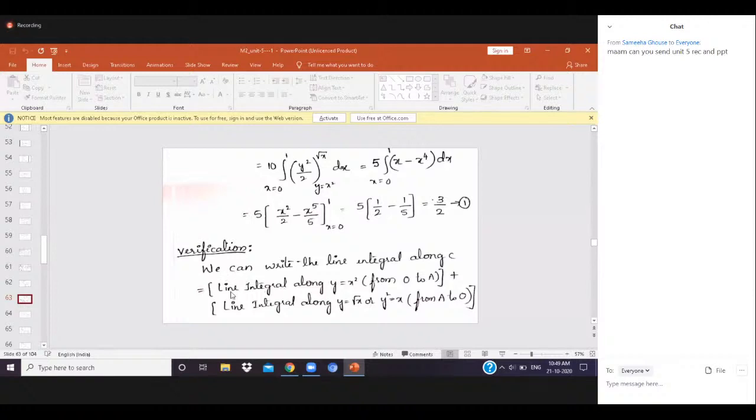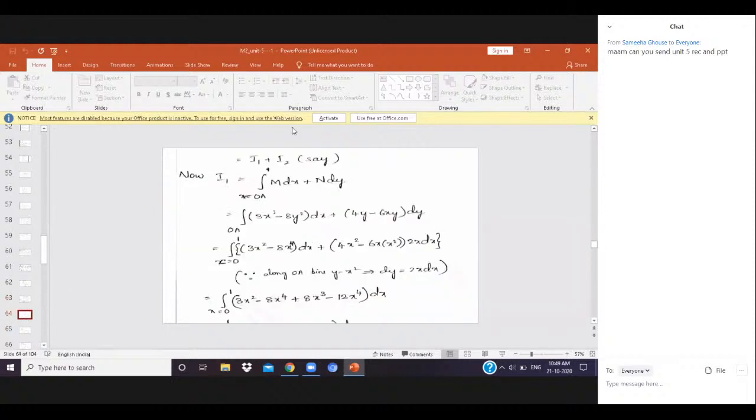So verification means we need to verify the line integral also. For that we have the line integral along O to A plus A to O. So that is I1 plus I2. I1 we take as the integral from O to A of M dx + N dy, substituting the M and N values.